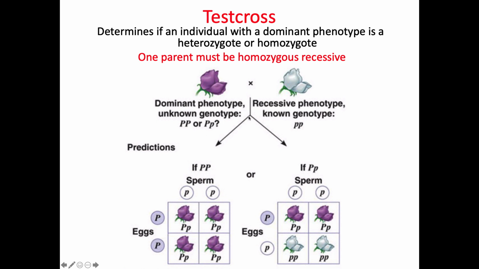If it's homozygous dominant, you'll see the outcome to the left of the slide. In this case, all of the offspring will have the dominant phenotype. If the unknown is a heterozygote, then half of the offspring will have the dominant phenotype and half of the offspring will have the recessive phenotype. And if this doesn't make sense to you, just work out the cross on your own.